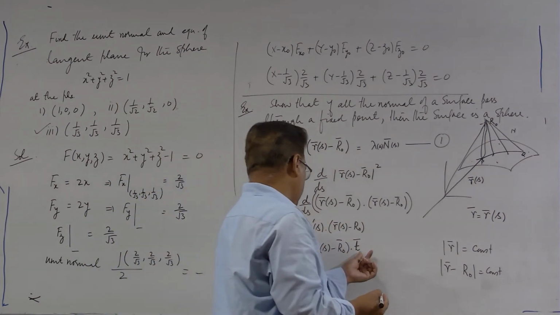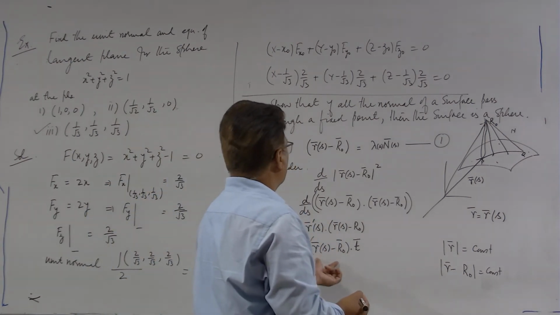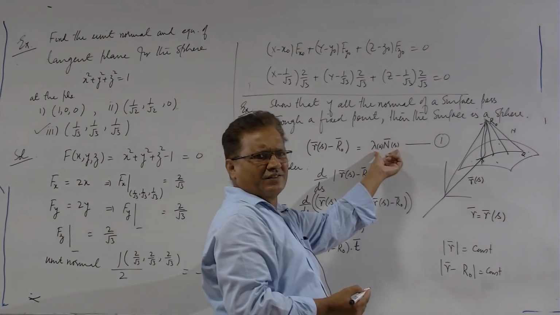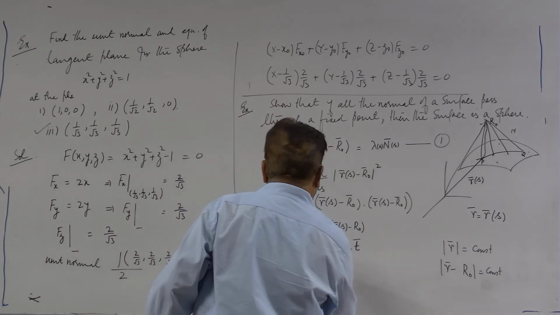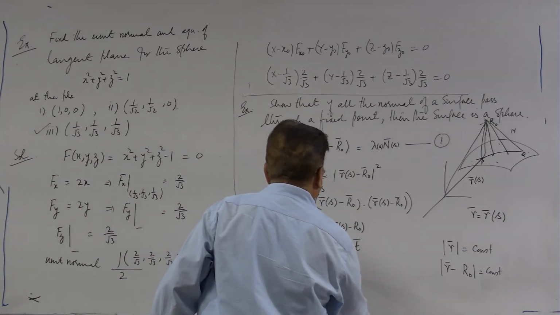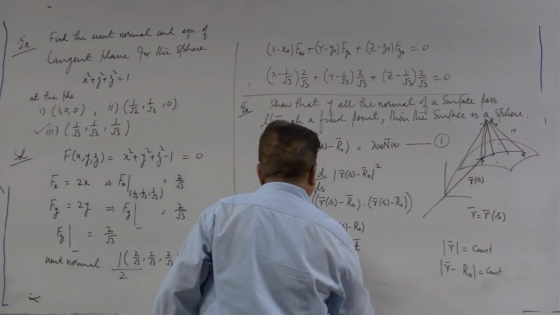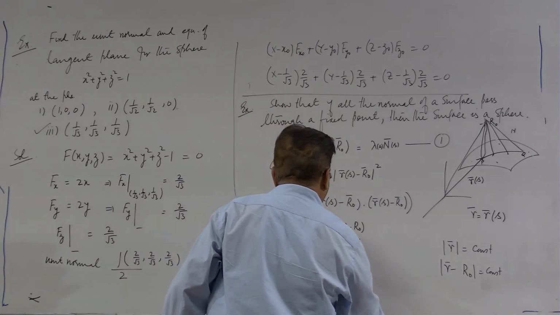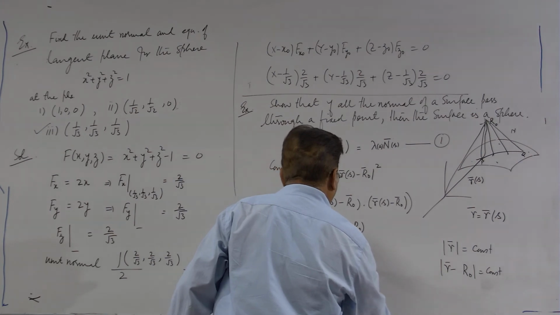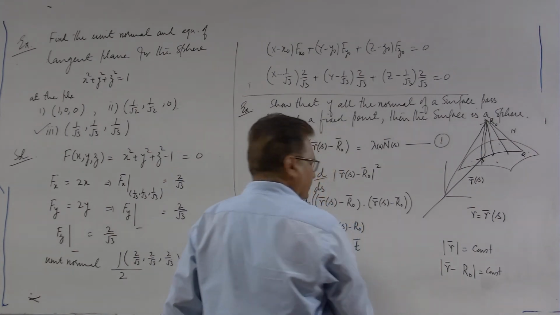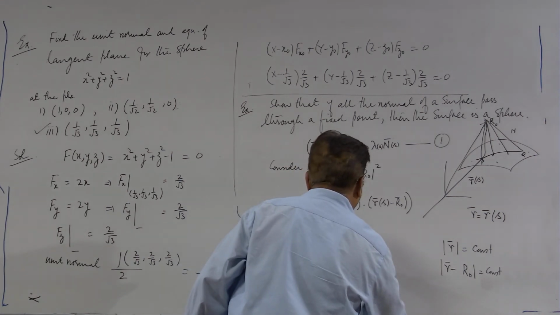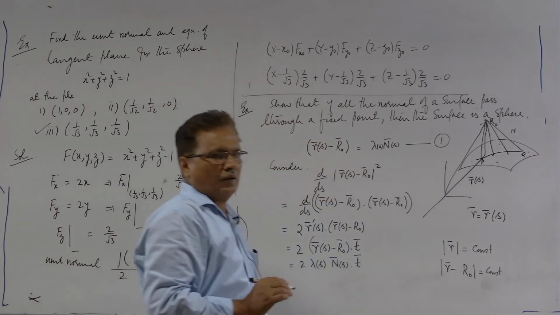All right. Now, Rs minus R0 from relation 1 is lambda s into n s. Okay. So this is 2 times lambda s n s, no, not dot, this is a scalar multiple, dot t. Okay.